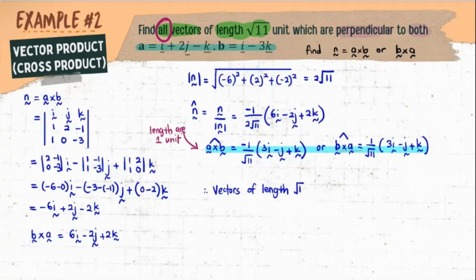square root of 11 are, so kita ada dua jawapan lah. So square root of 11 we multiply by A cross B hat.